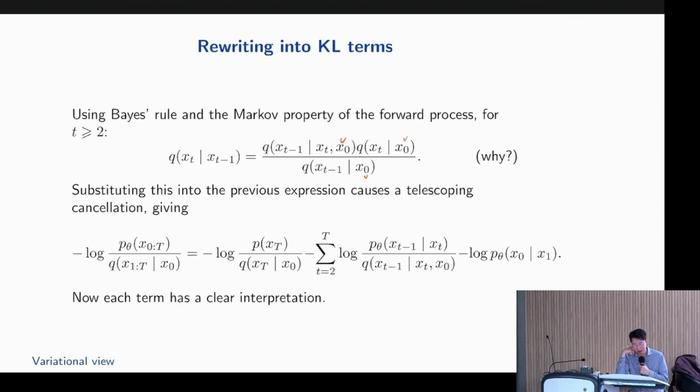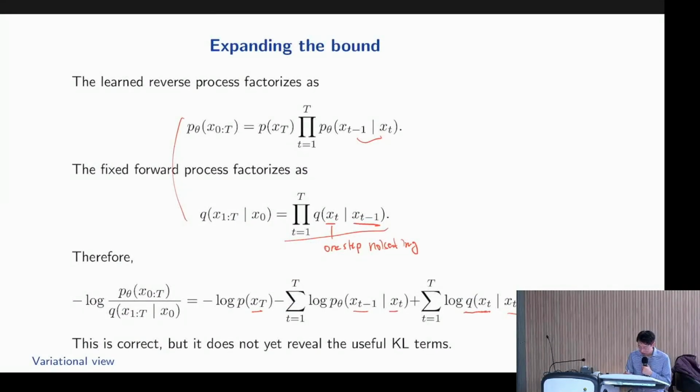Why can I safely insert x0 here? Right, because of the Markov property of the Markov chain. If you condition on the past, all the previous random variables, it doesn't matter. Exactly. Okay, so using this relation, I'm going to insert the expression here in the Q.